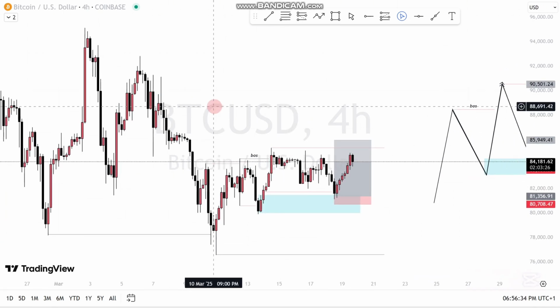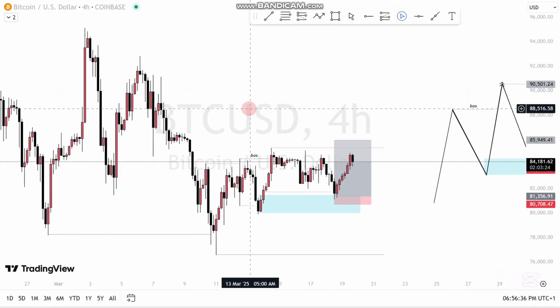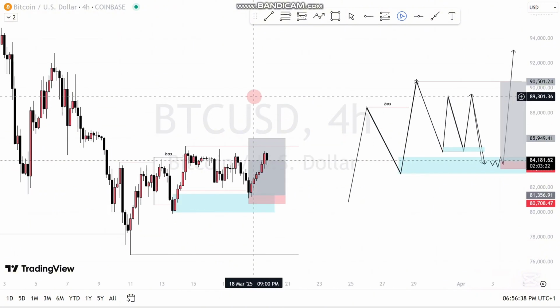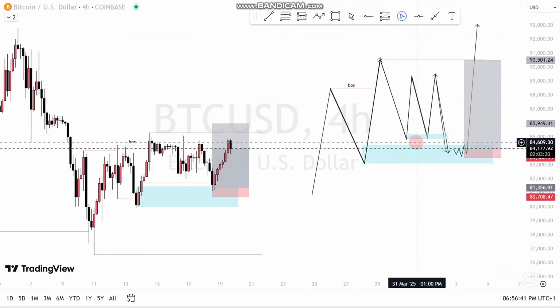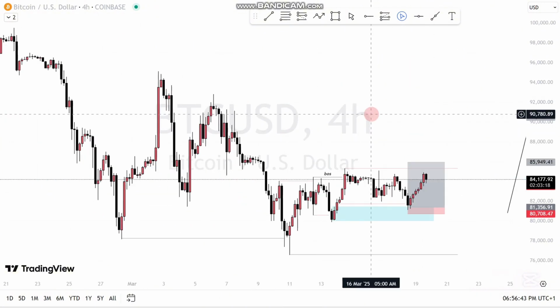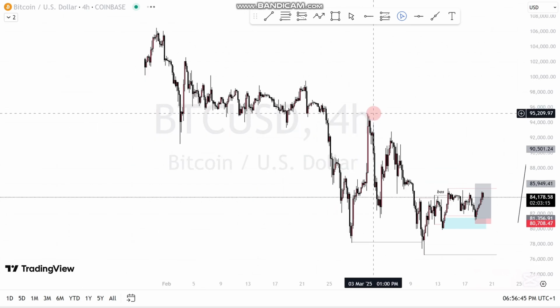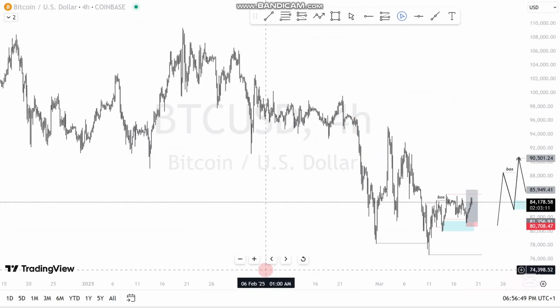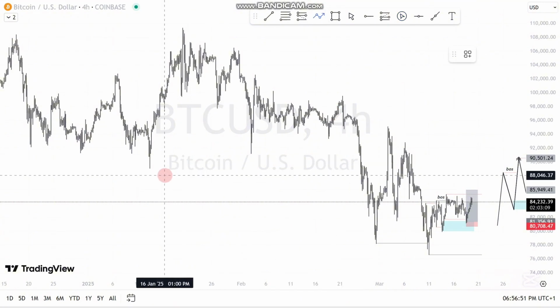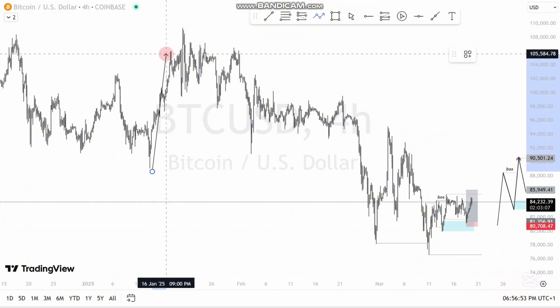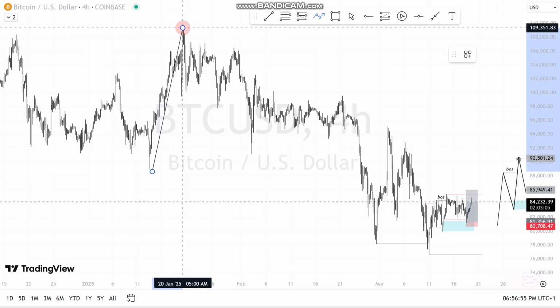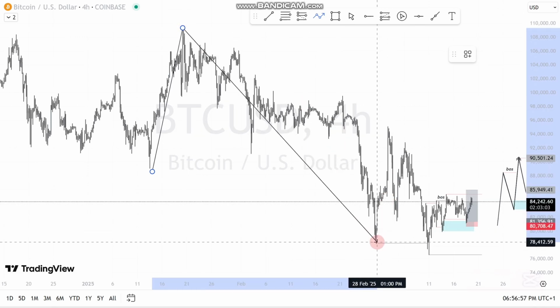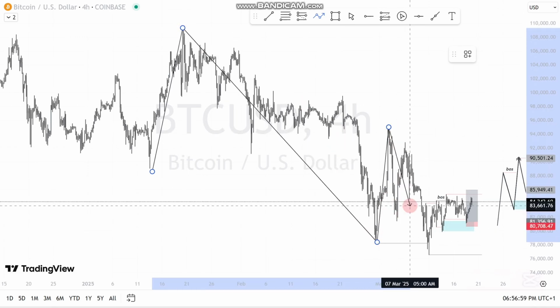So this is a very simple trade that I took on the BTC USD, and this is more like the buying market. The way it happened is very simple. I went on the 4-hour time frame. Let's zoom the chart. You can see that BTC is very bearish. Price created this last low, higher high, then a lower low, then a lower high, then a lower low.